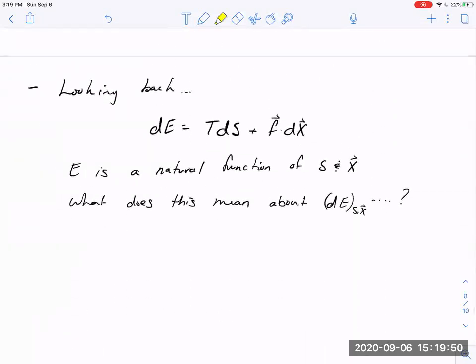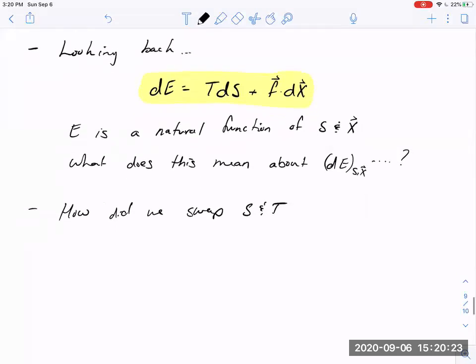The energy, well, it has those mechanical variable terms F dx, but the roles of S and T have swapped. What was a differential in S became a differential in T. So what is the mathematical relationship, mathematical structure underpinning that swap?